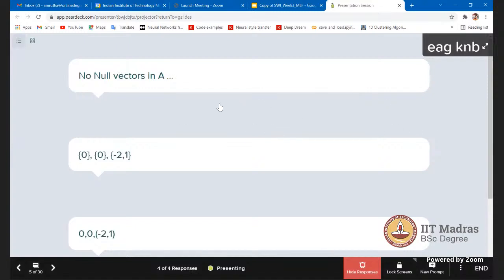The first answer: no null vectors in A. That sounds like a good answer, because for the matrix A, we do not have any. We'll see the solution. Then this one is also correct, 0, 0, comma, minus 2, comma, 1. These two answers are correct, but the third one is incorrect. We will see.